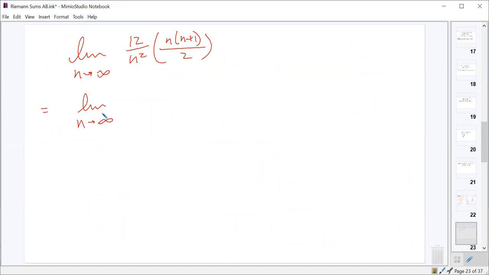The limit as n approaches infinity of, well, let's see, n times n plus 1 is n squared plus n. So this becomes 12n squared plus 12n over 2n squared. And how do we find the limit as n approaches infinity of that rational function?